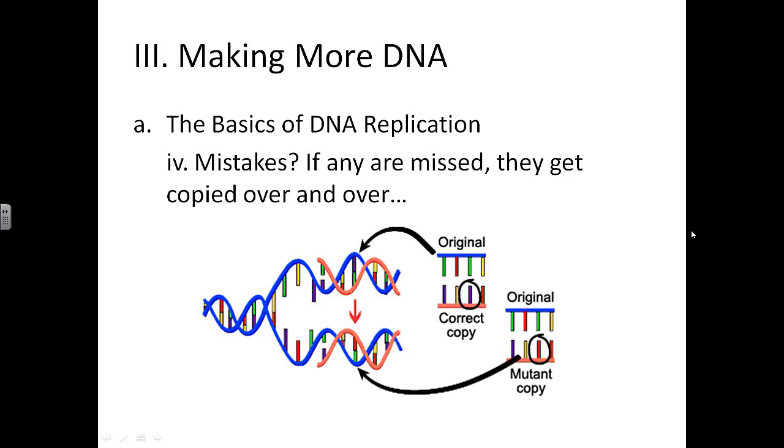However, if there are mistakes that are missed when DNA gets proofread, those mistakes get read over and over and over. So you can see in this bottom piece of DNA here, there's a mutation. Instead of being purple like the correct copy, now there's this red copy, that's going to be copied from generation to generation, cell to cell, and that can be passed on genetically and then cause disease.